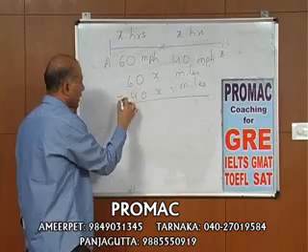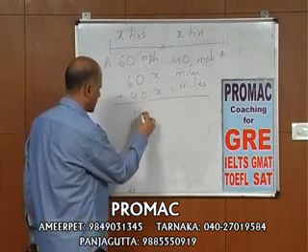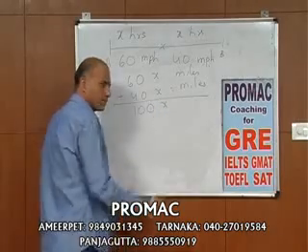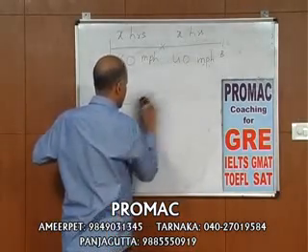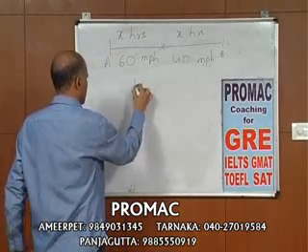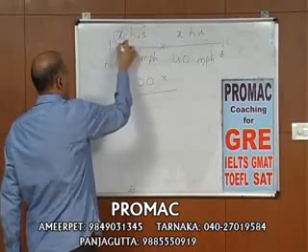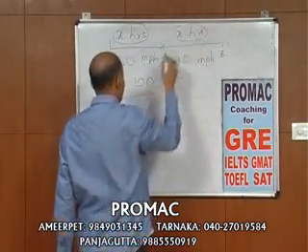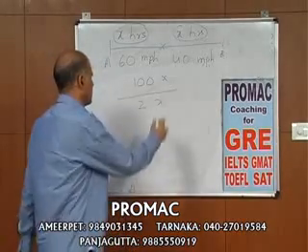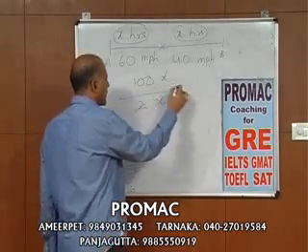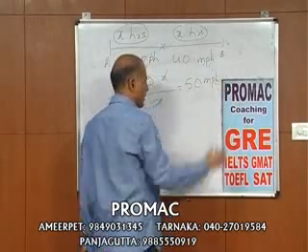What is the total distance I travelled? 60x miles plus 40x miles is 100x miles. Total distance is 100x. What's the total time? X hours, x hours. So total time taken is 2x hours. So mean speed is 50 miles per hour.